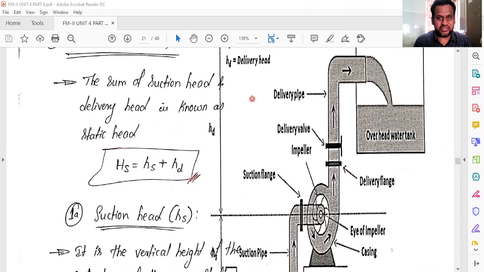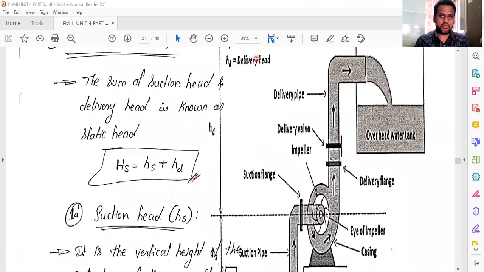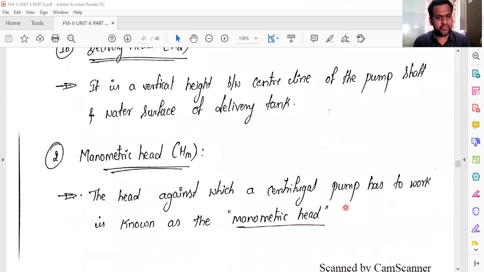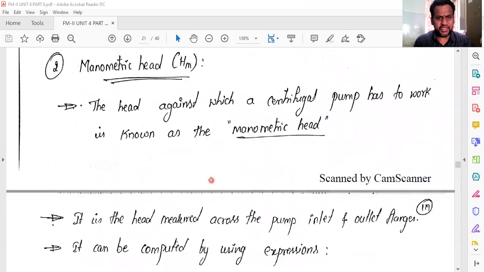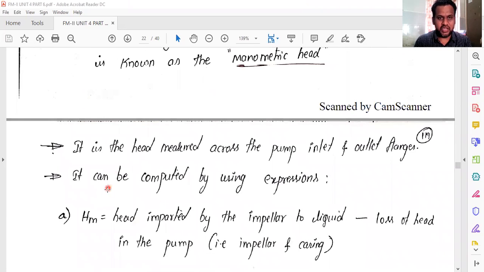See, these are the additional heads. It has to overcome all these things, minus losses also. So obviously, if the suction head plus delivery head is, suppose, 2 and 2, that is 4, you cannot say that, because losses are also there, so you need to subtract the losses, and what is required is what we call the manometric head. Okay. So it is the head measured across the pump inlet and outlet flanges. So obviously inlet to outlet flanges can be computed by using an expression.